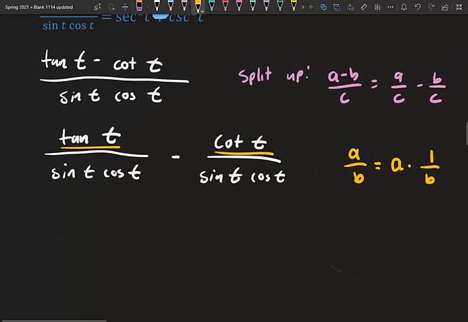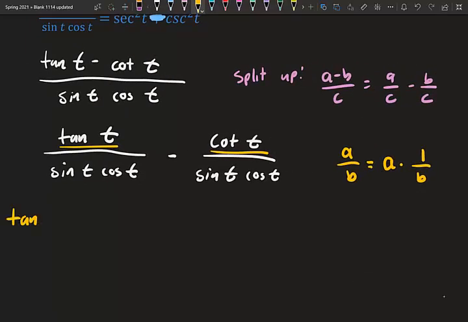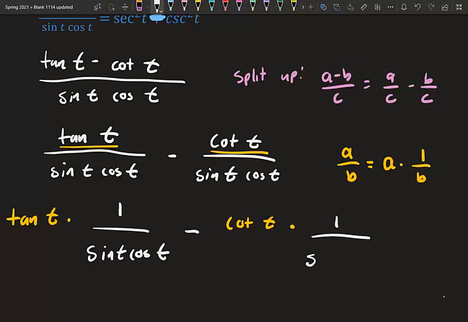So we're going to move it to the side. So we'll have tangent t times 1 over sine t cosine t, and that's minus then our cotangent t times 1 over sine t cosine t.